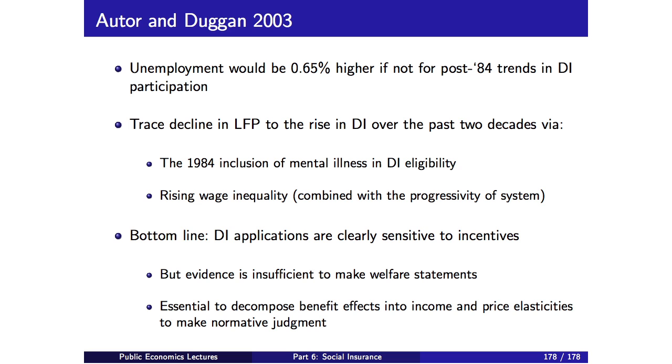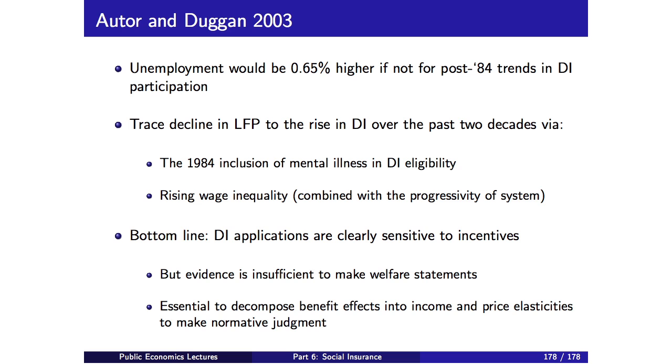So one point is about measurement, but the other point, which I think people are starting to think about more, is normative. When you think about optimal DI benefits, you clearly need to think about the impacts on the UI program, right? Here this is actually a beneficial effect insofar as when we expand DI, we have less of a fiscal cost in UI because fewer people are claiming unemployment insurance.